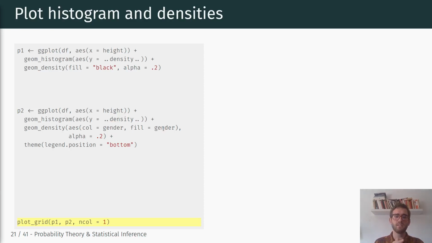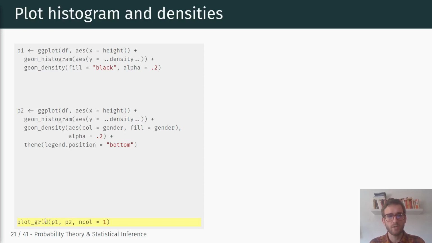So in one case we're looking at the histogram and the density for the entire population, and in the other plot we're looking at the kernel density for men and women separately, right? And I'm moving the legend for this plot to the bottom.